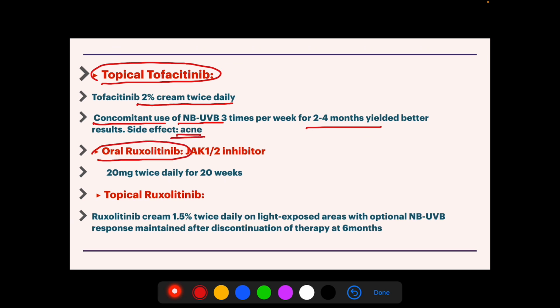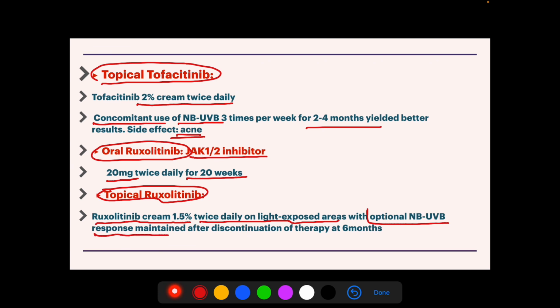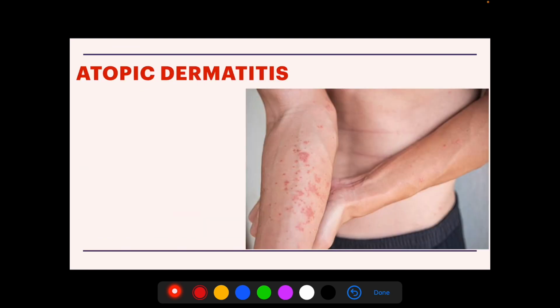Oral ruxolitinib is a JAK1 and 2 inhibitor, used at 20 mg twice daily for 20 weeks. Next is topical ruxolitinib. Ruxolitinib cream 1.5% twice daily on light exposed areas with optional narrowband UVB. Response was maintained after discontinuation of therapy at 6 months.